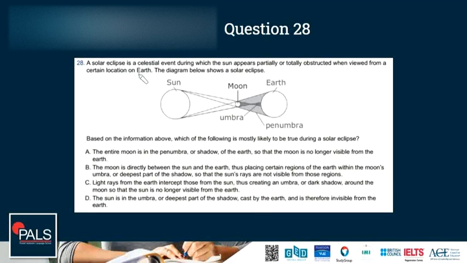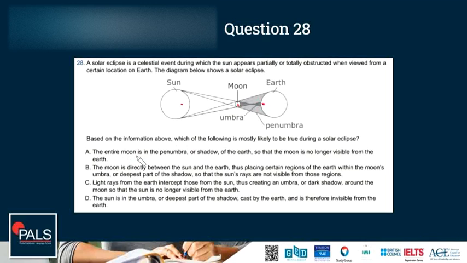A solar eclipse is a celestial event during which the sun appears partially or totally obscured when viewed from a certain location on Earth. The diagram below shows a solar eclipse. You standing here, basically on that red point, and the moon is between you and the sun. Based on the information above, which of the following is most likely to be true during a solar eclipse?